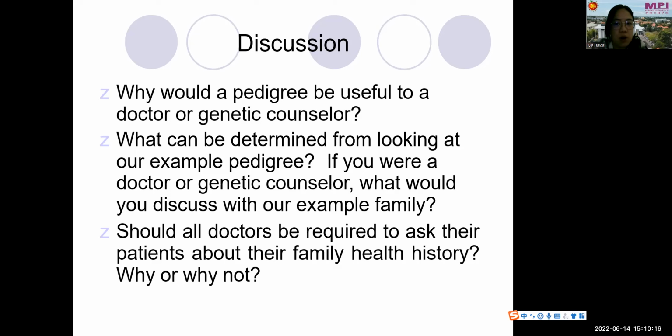Okay, because the children that we choose are usually more likely special needs children, you can discuss why this genogram or pedigree helps us. Should all doctors be required to ask their patients about their family health history, why or why not?